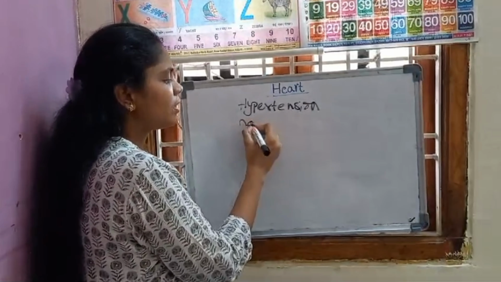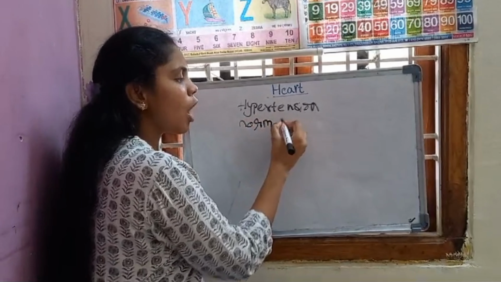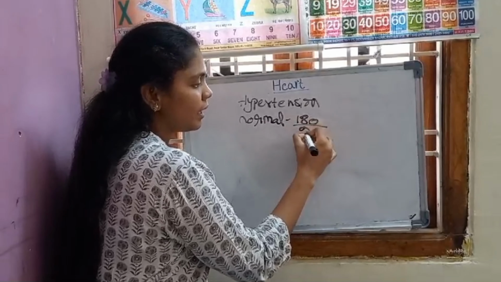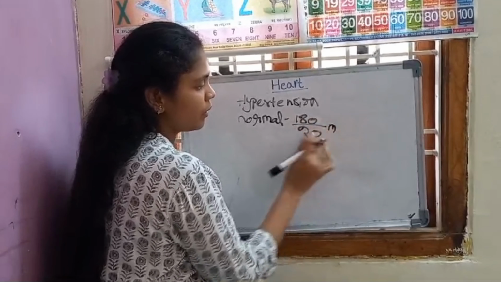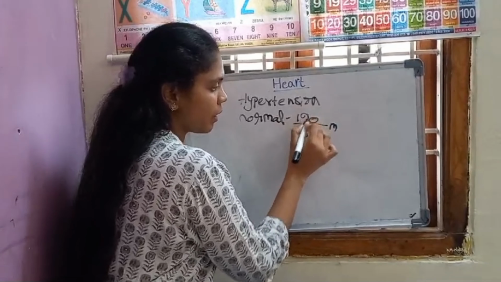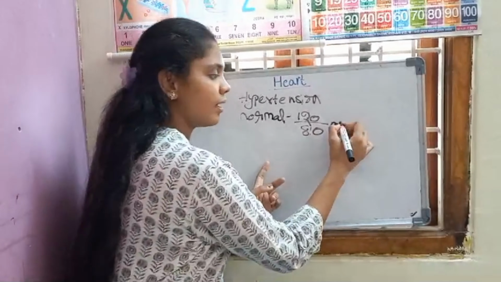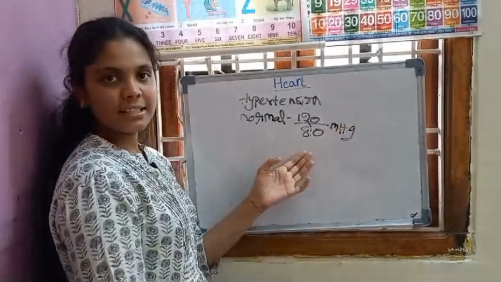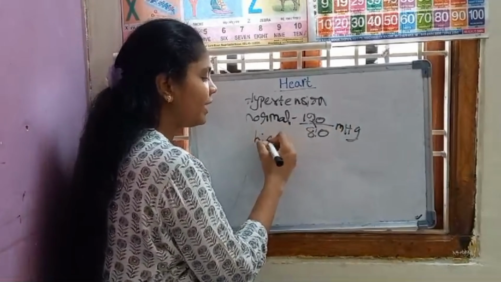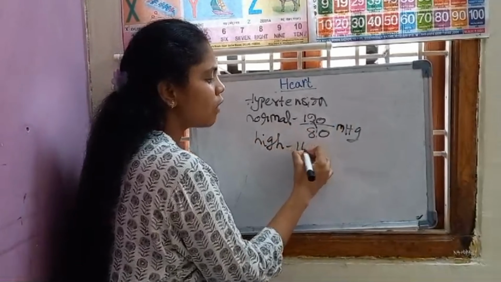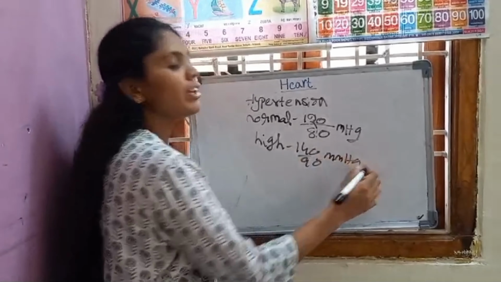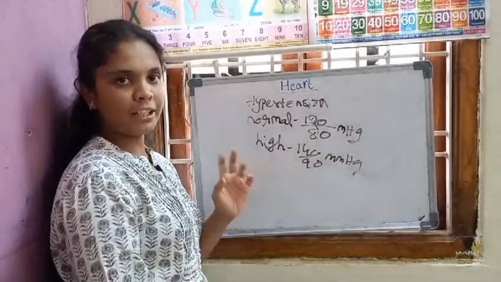A normal BP is 120 by 80 mmHg. This is a normal blood pressure.